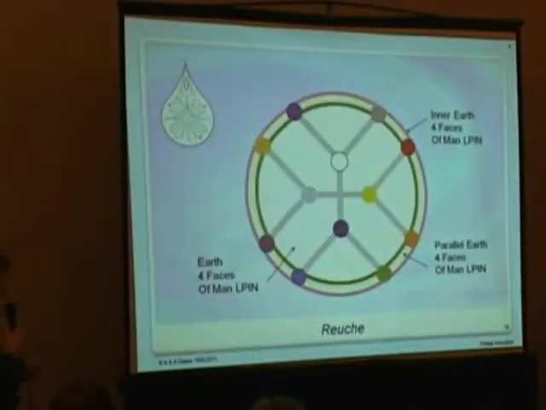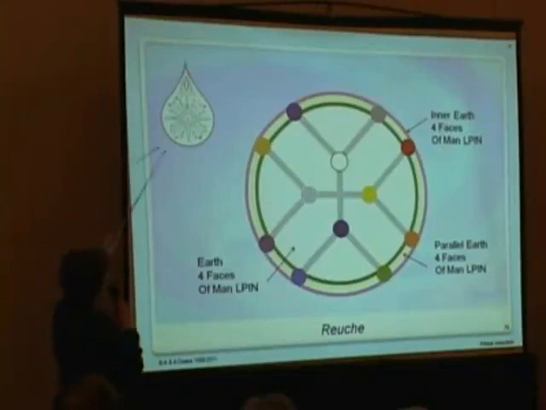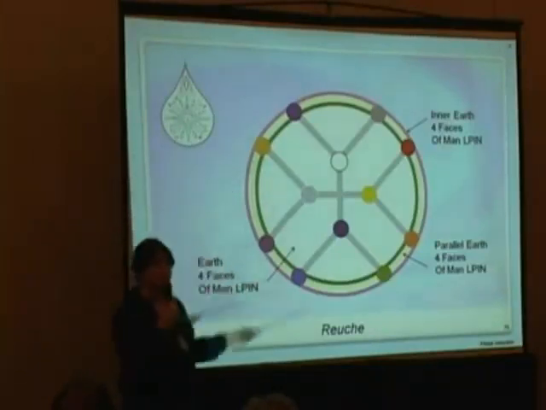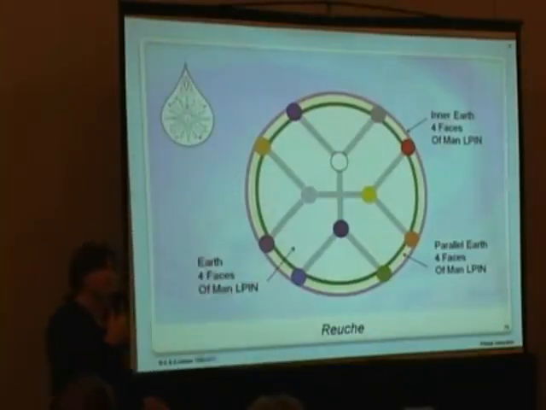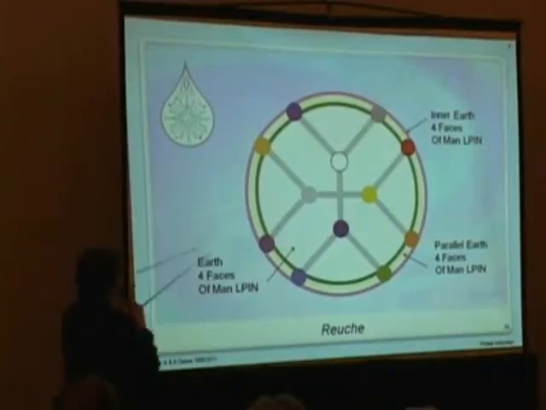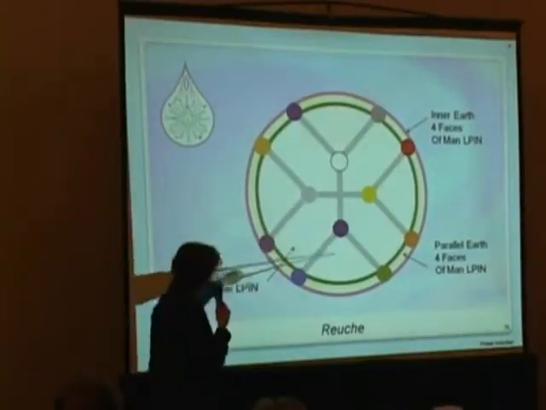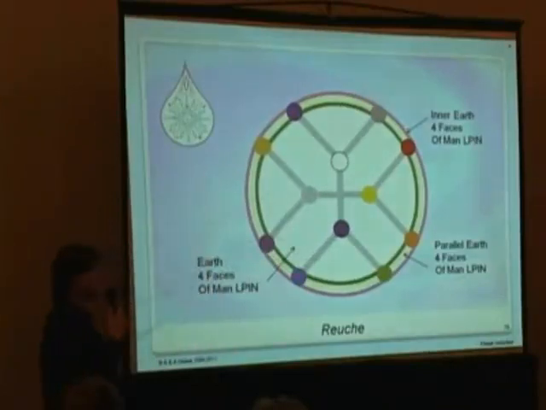Now this is also another symbol that we recognize at the center of the Akasha, referred to as the Ruche. But it also represents the Four Faces of Man LPIN system. The center part here represents the Four Faces of Man on Earth.